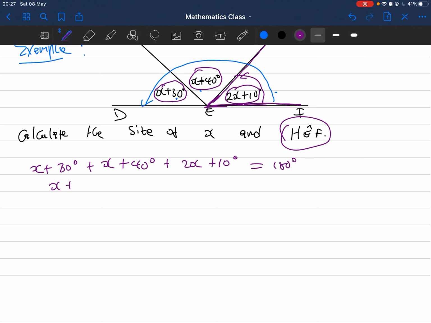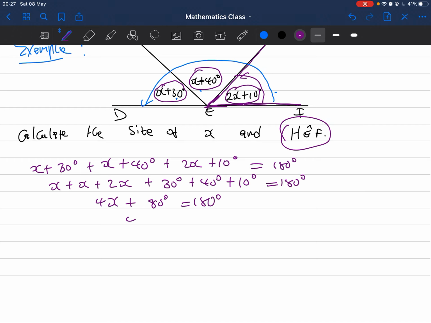So you have x plus 2x plus 30 plus 40 plus 10 is equal to 180. x plus 2x plus x, we know that is 4x. 30 plus 40 is 70. 70 plus 10, that is 80.